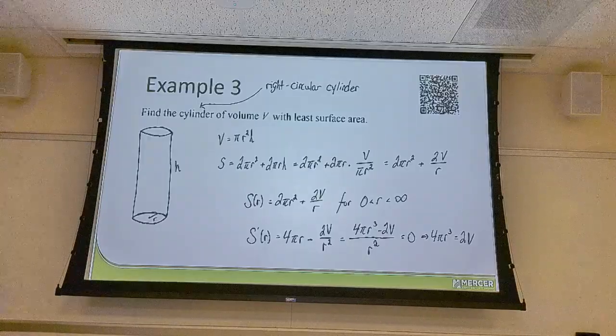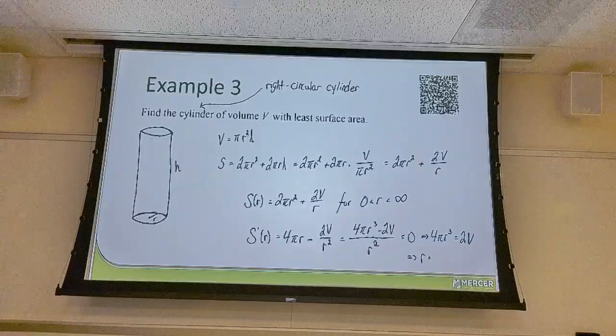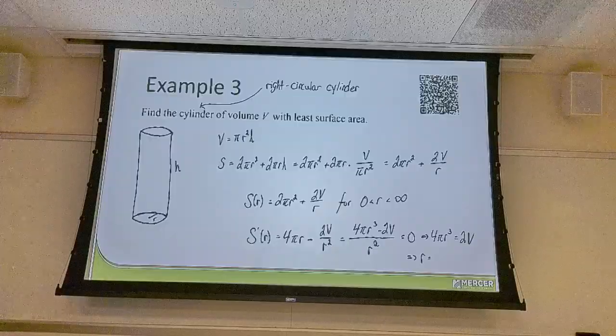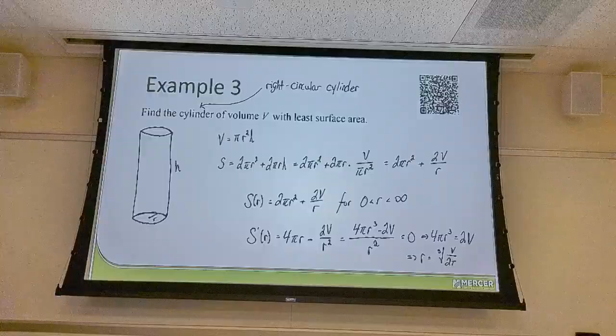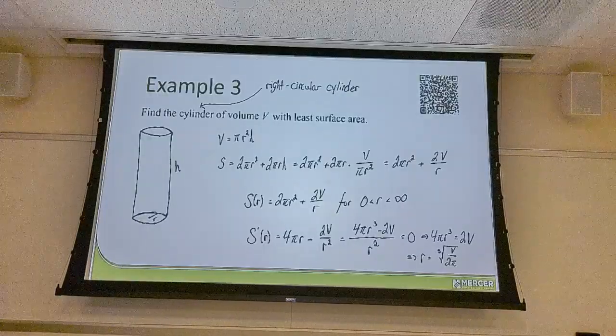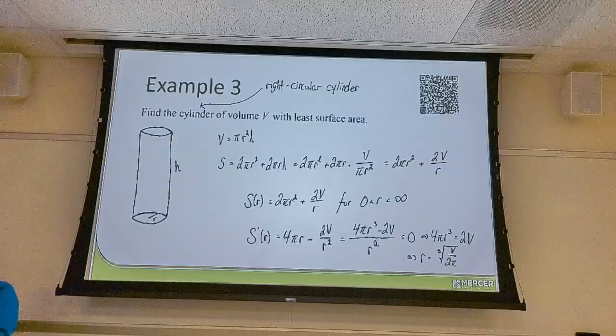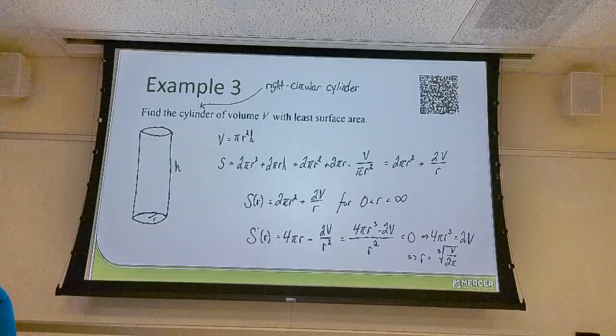For it to equal 0, 4 pi r cubed has to be 2V, right? So what's r? Cube root of V over 2 pi. Is that an interior point? Yeah. And it's the only one.